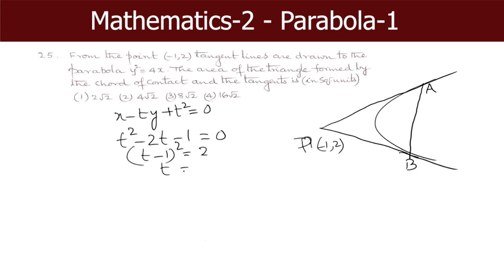So, t equal to 1 plus or minus root 2. So these are the parameters, t equal to 1 plus or minus root 2. This is t1 square, 2t1, this is t2 square, 2t2.